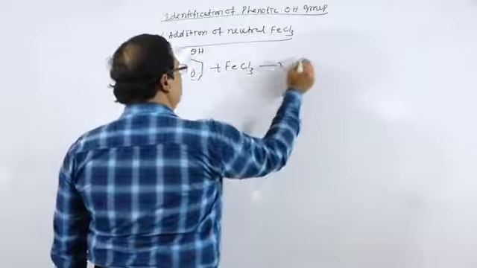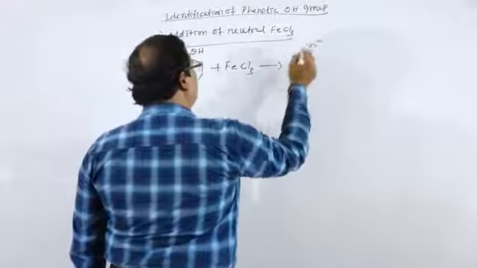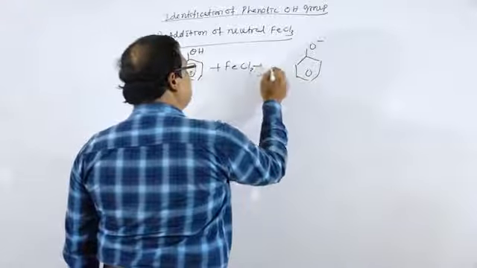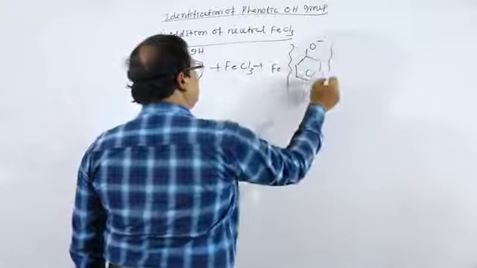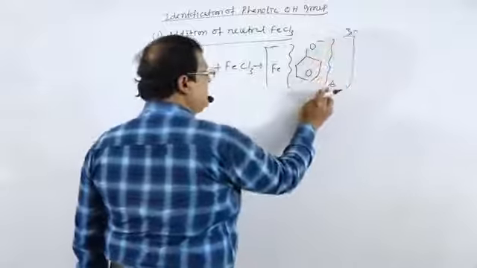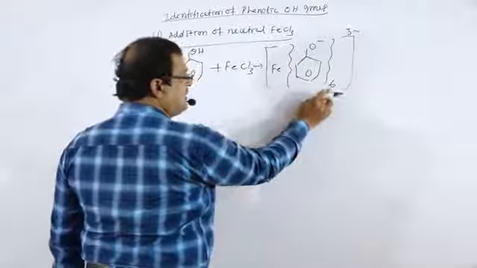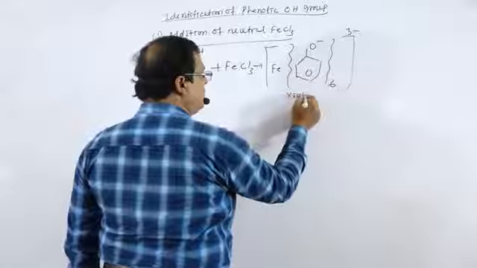There is the formation of a violet colored complex, that is hexaphenoxido ferrate(III) ion, [Fe(OC6H5)6]3-, violet.